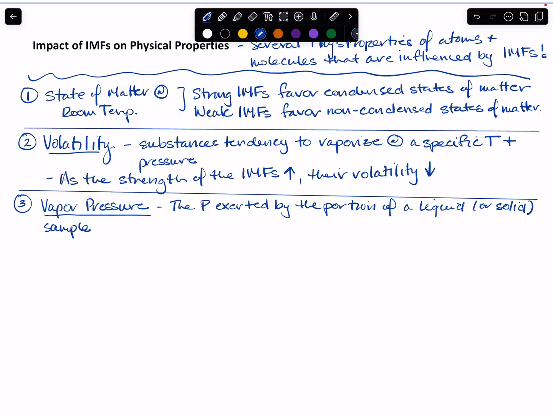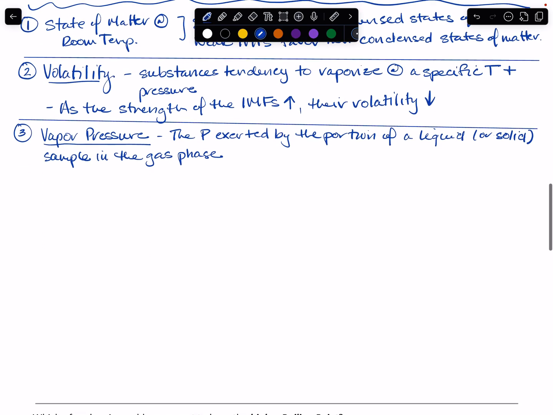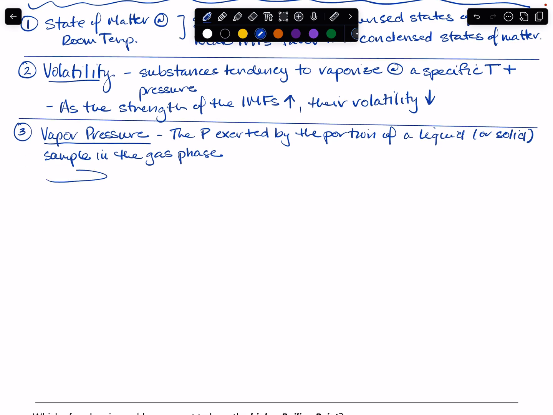The pressure exerted by the portion of a liquid sample that is in the gas phase. Now I think this is a little easier if I show you a picture.